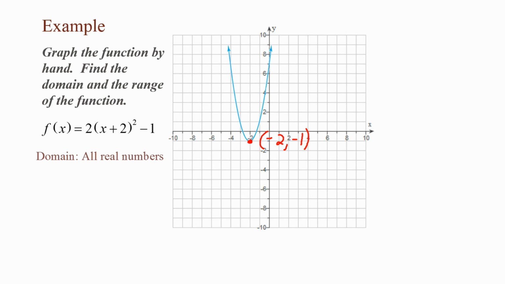For my range, however, since my vertex is the only point that isn't symmetric, this is the smallest value I'm going to have on my y-axis. So my range is y is greater than or equal to -1. Anytime your parabola opens up, the y value of the vertex will be the smallest value for y.